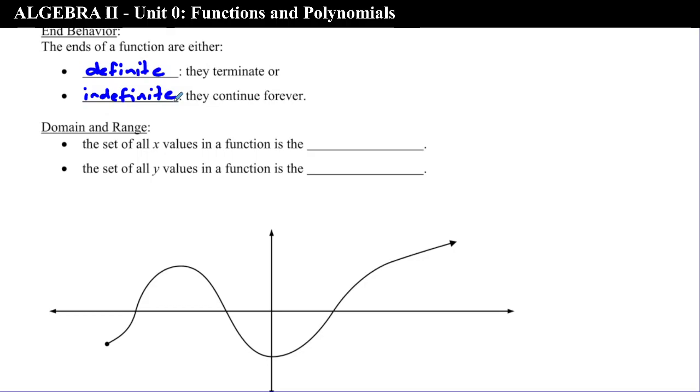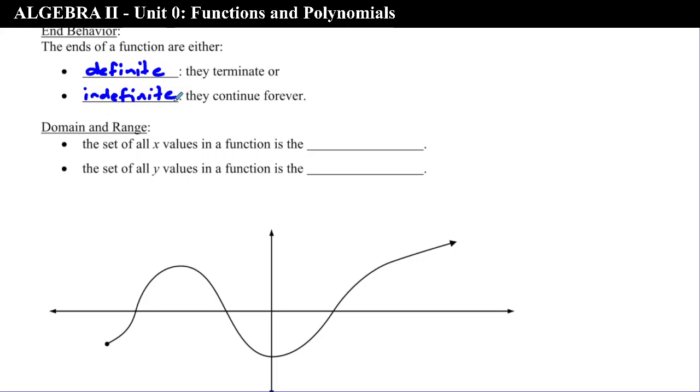So continuing forever is indicated by an arrow, and a definite end is indicated by either a solid or open dot. Okay? And we need to know how end behavior works because that pulls us right into domain and range.